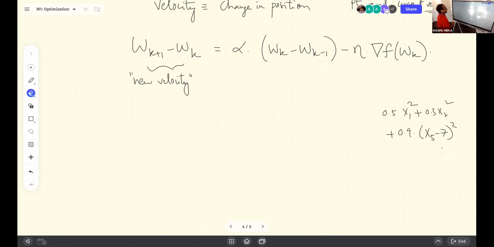There are various ways of interpreting Nesterov's method, but it's not clear how he came up with those equations himself. But let me tell you what the equations are.